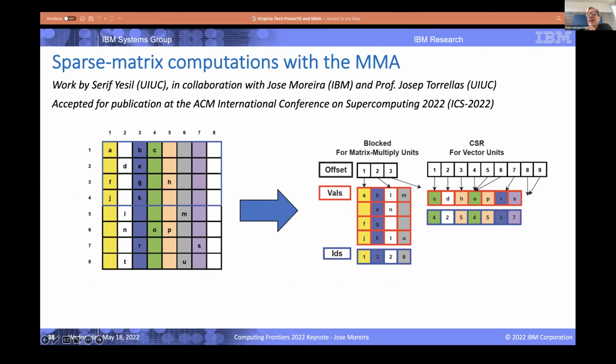And that innovation, with the capability of the Power architecture to support both the matrix and vector side, gives you a factor of 2 improvement. And the net result of all of this is that we've achieved over a teraflop of sparse-matrix performance on a Power10 processor, and this was actually on the single socket processor.